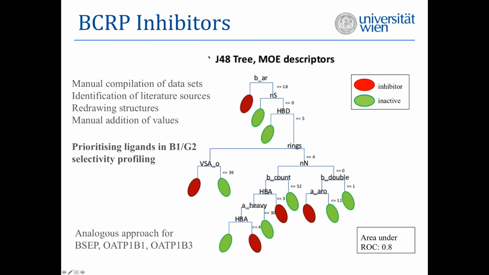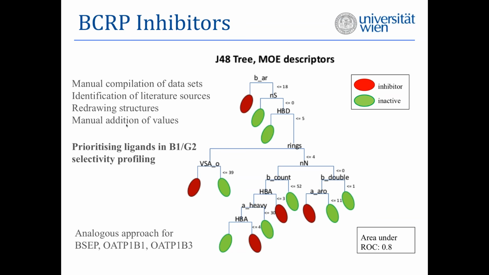And for example, what you see here is a decision tree model for BCRP inhibitors. So using MOE descriptors. And finally, yeah, we got quite a nice model. Area under the curve is around 0.8. And the training set here comprised around 700 to 800 compounds.